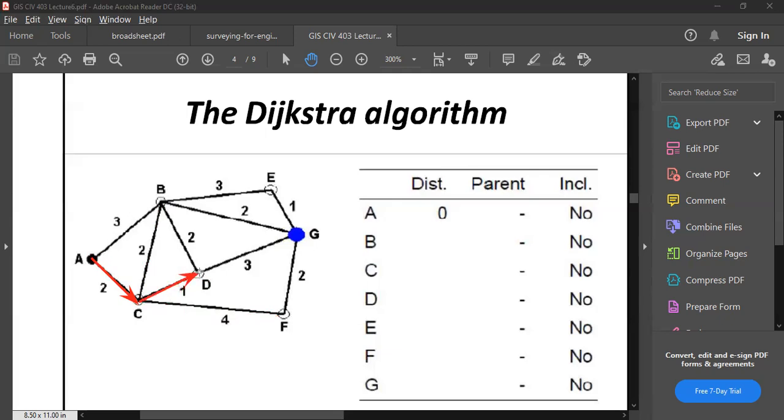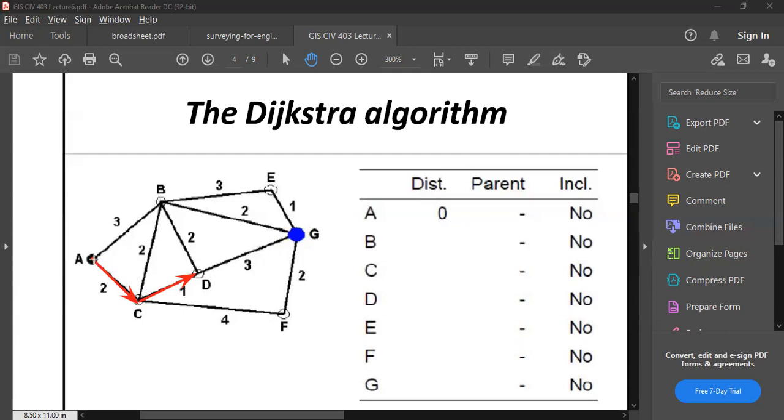So which link do we select from here? It's going to be A to C to D, naturally the link that you pick. So we have 3. Then from A to C, so we are at D now. So at D, let's add on 3 plus 3, that will give us 6.